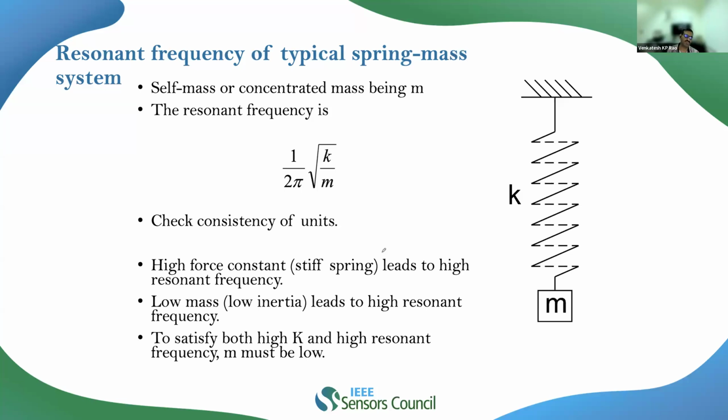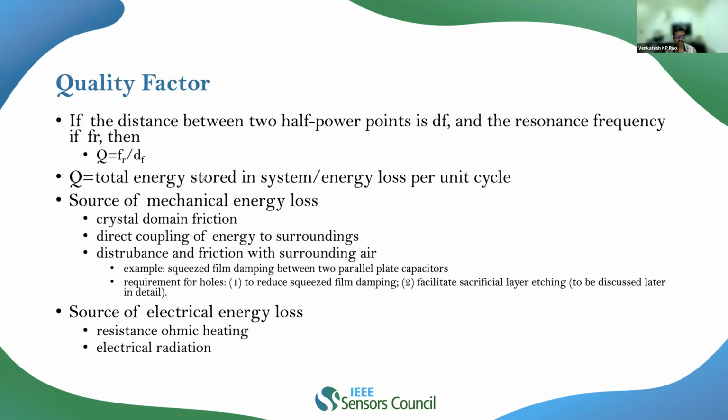So whenever we want to take up any of the resonance sensors, one needs to look not only at the stiffness, you also need to evaluate the effective mass of the system, and then the quality of the resonance. Now, for any resonance system, we get a resonant response like this.